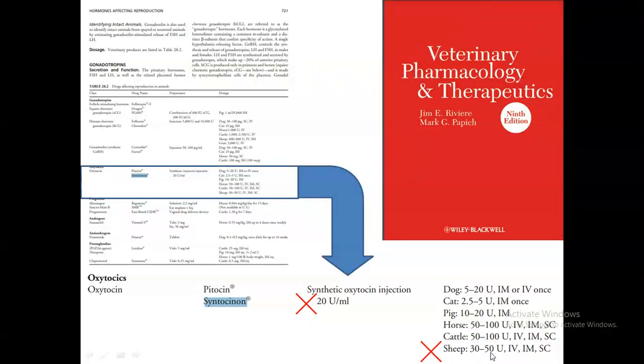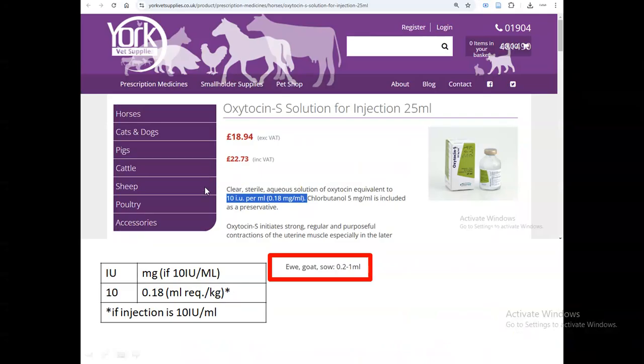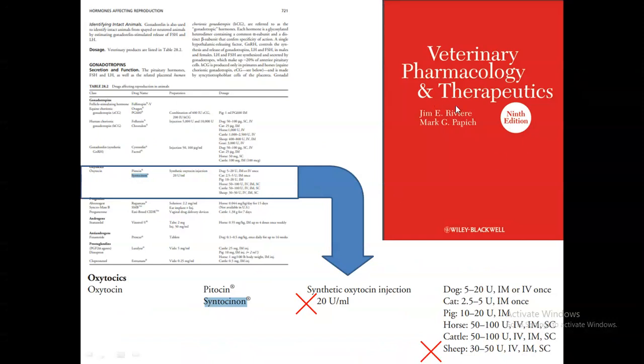It is not correct, as the maximum dose rate in Plumb's was 20 units, and the manufacturer is suggesting 10 international units. It can go to a maximum of 20 international units according to Plumb's, but the dose is even more in Veterinary Pharmacology, 30 to 50 units.